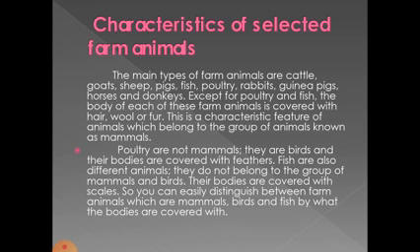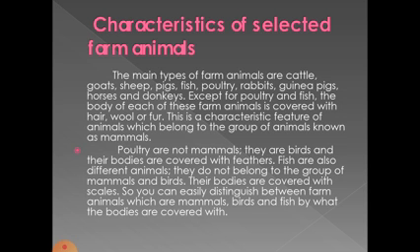Except for poultry and fish, the body of each of these farm animals is covered with hair, wool, or fur. This is a characteristic feature of animals which belong to the group of animals known as mammals. Poultry are not mammals. They are birds, and their bodies are covered with feathers.